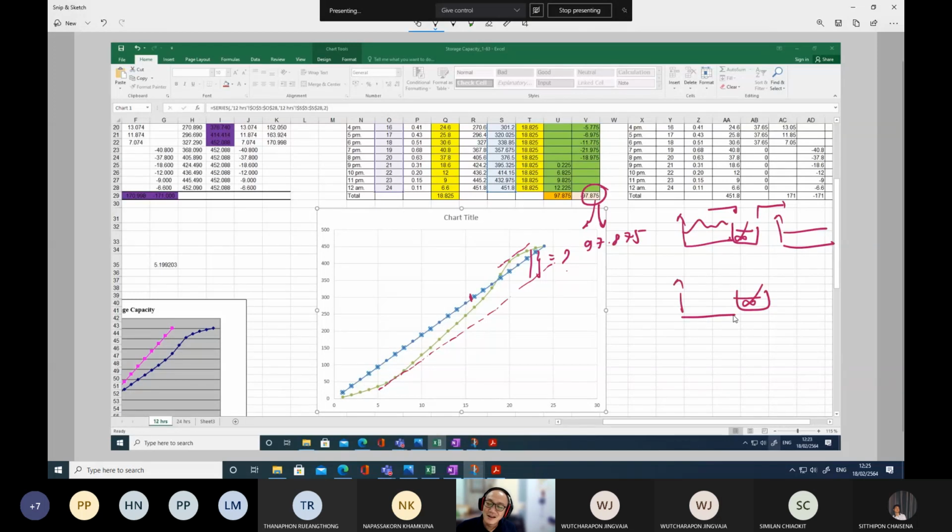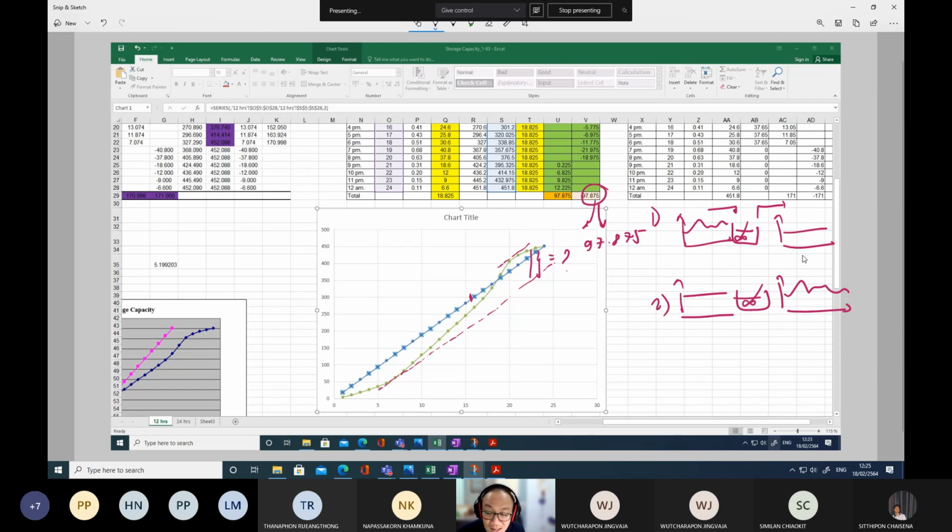Sometimes the outflow is constant, but the inflow may vary. So it is possible to get either the first or second situation.